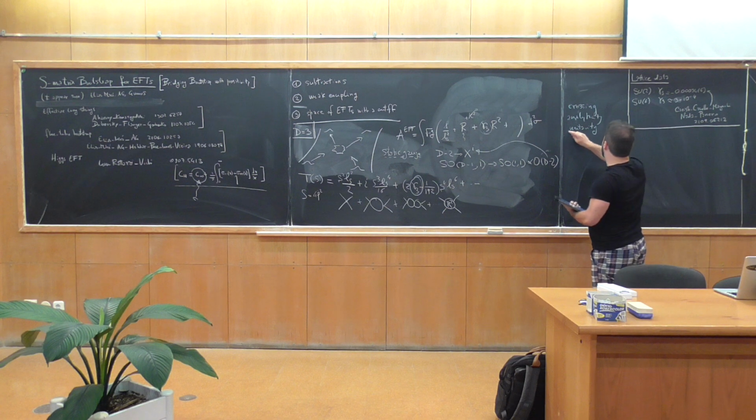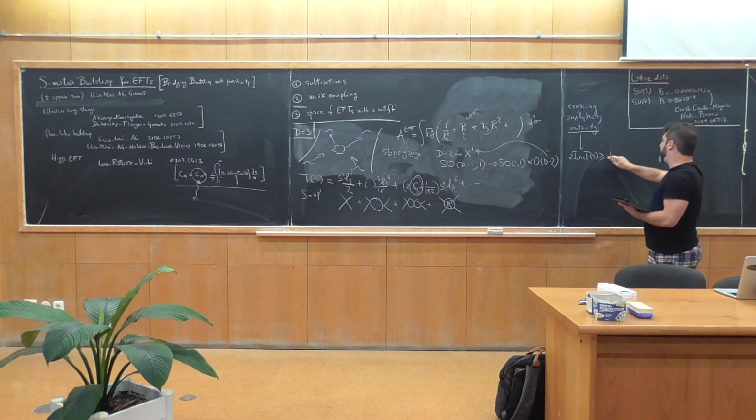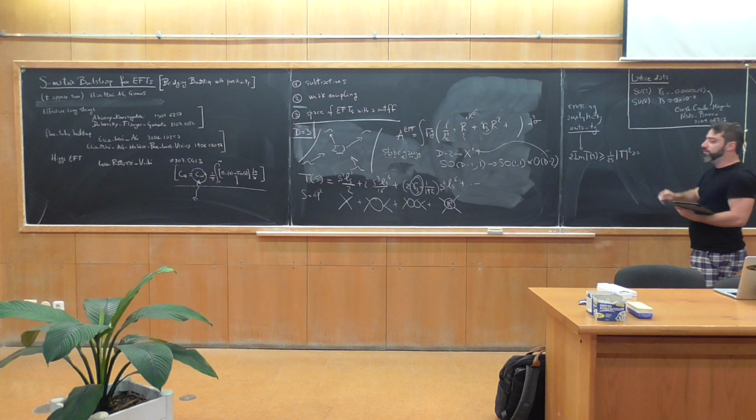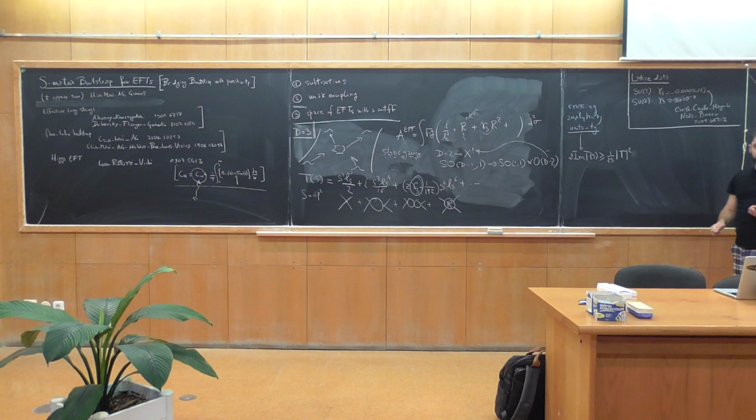Now let me start with unitarity. Unitarity tells you that 2 times the imaginary part of the amplitude T must be greater or equal to a phase space factor times the absolute value squared of the amplitude, which is a positive quantity. We all agree, but strictly speaking, this is the full unitarity.